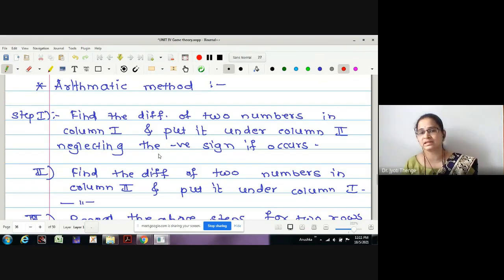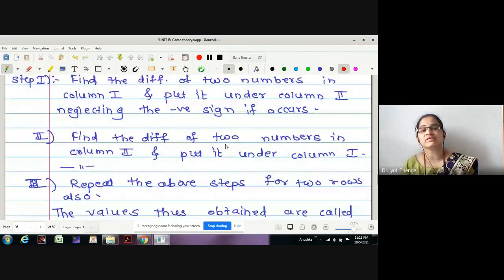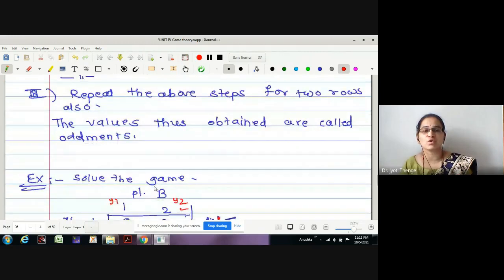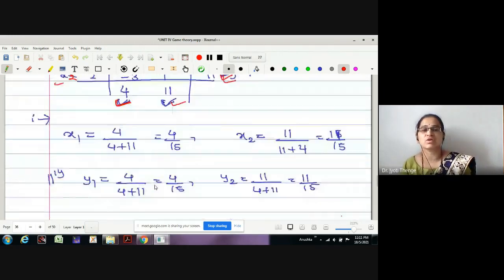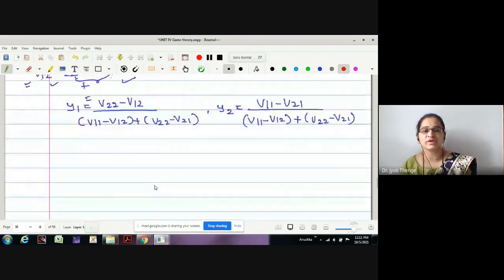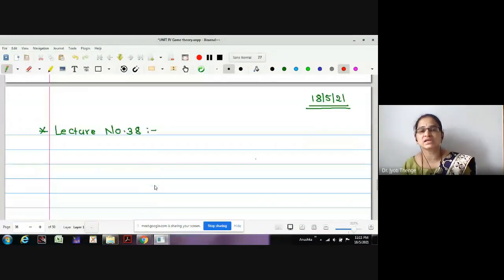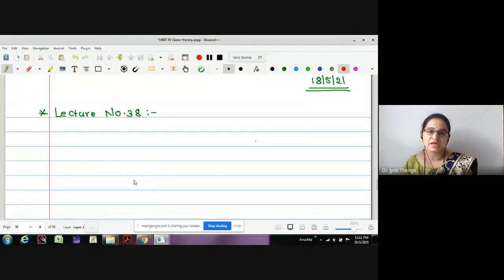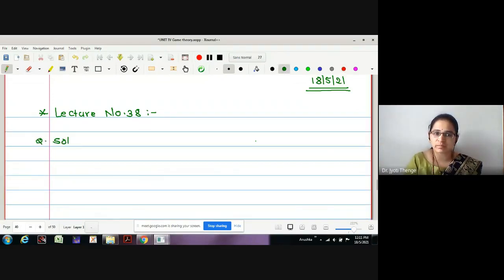Similarly, find the difference of the two numbers in column 2, put it under column 1. Repeat the process for rows also. These values are called oddments. Actually, I told you with one example, but let me discuss again with a few examples in order to understand clearly. Let me give a question solved by the arithmetic method.